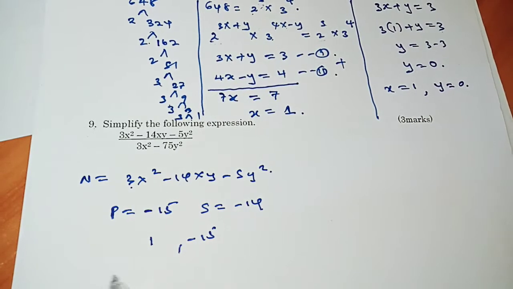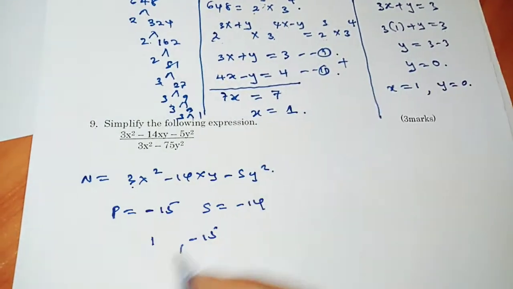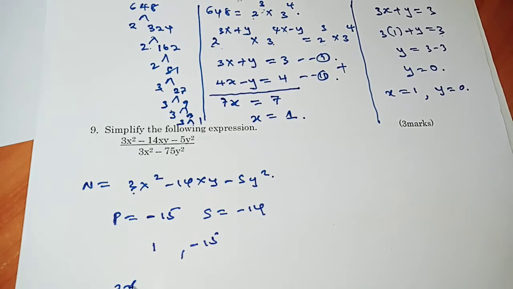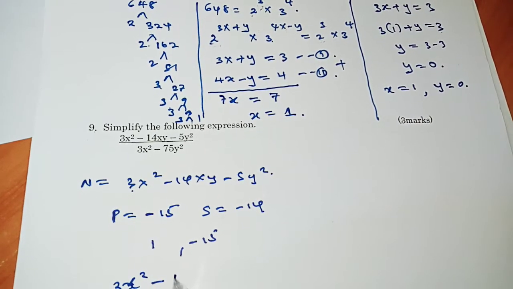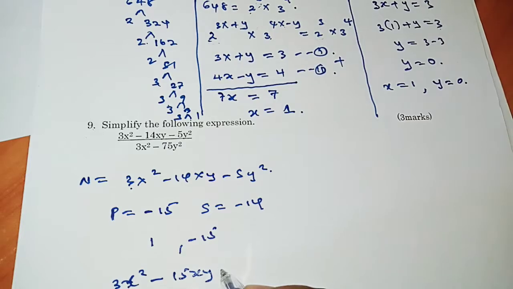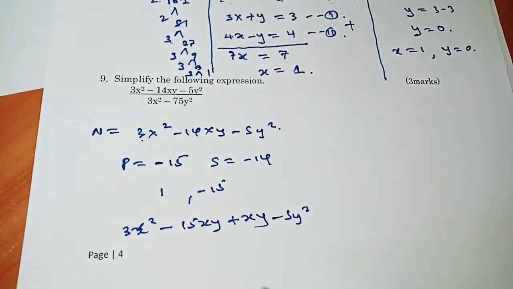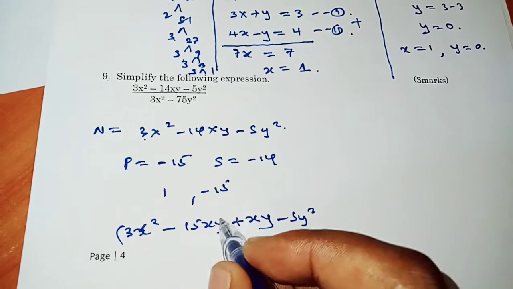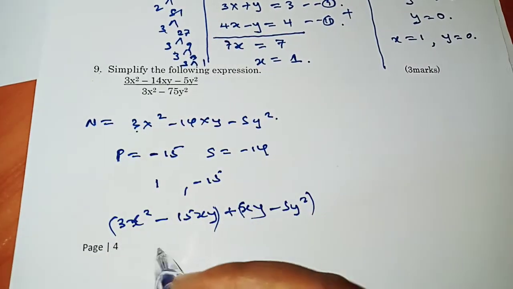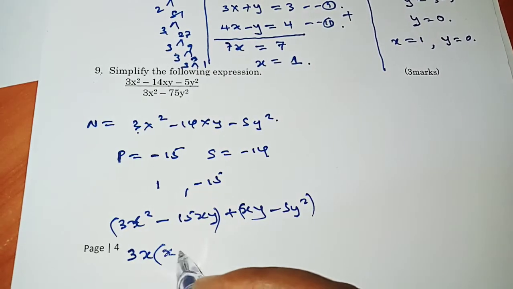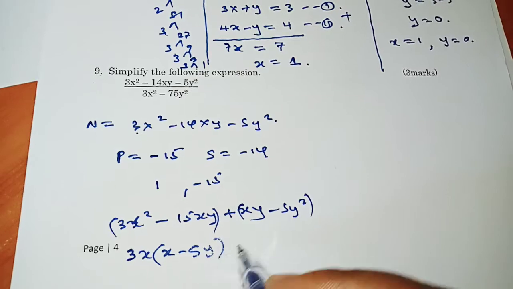So without further ado, let's now pick them and substitute here so that we can factor. So you have 3x squared minus 15xy plus xy minus 5y squared. So we can factor what is common here. You can see we have 3x which is common, so we're going to have x minus 5y.